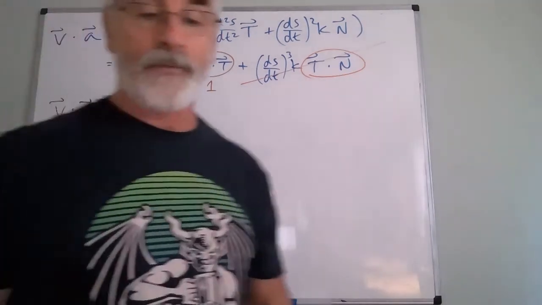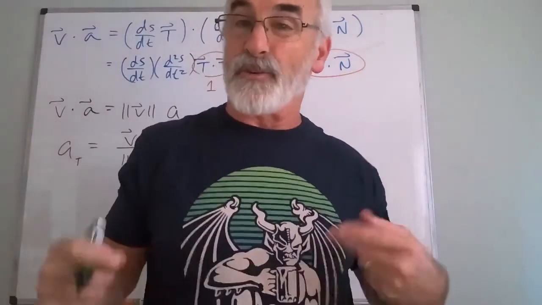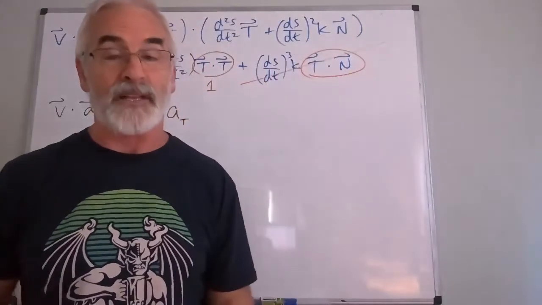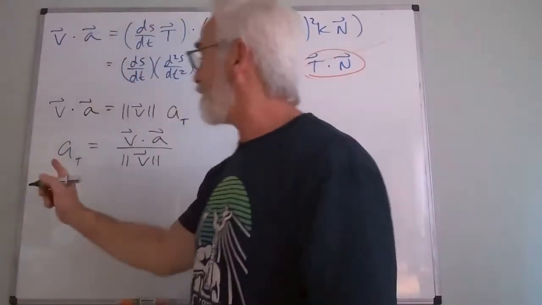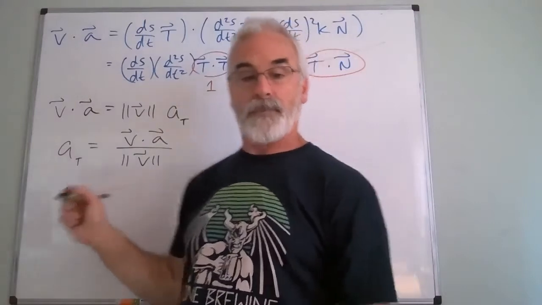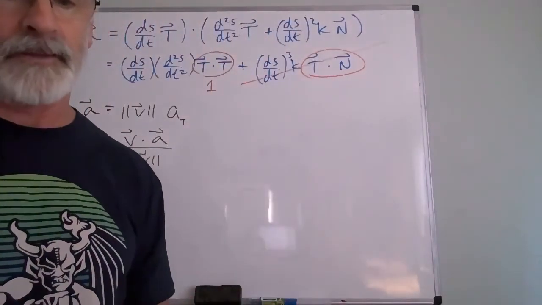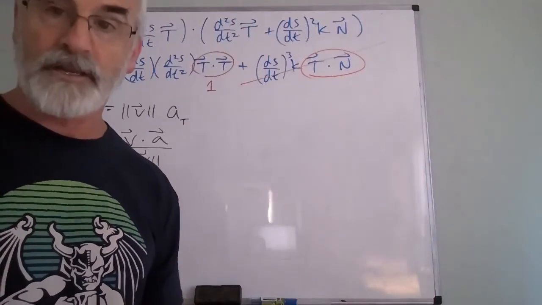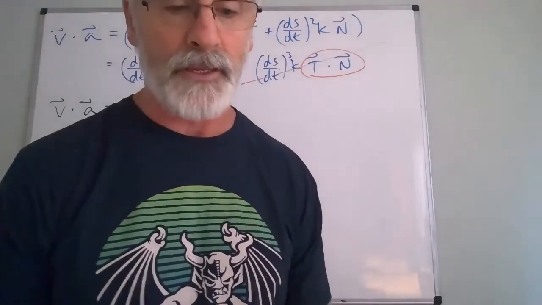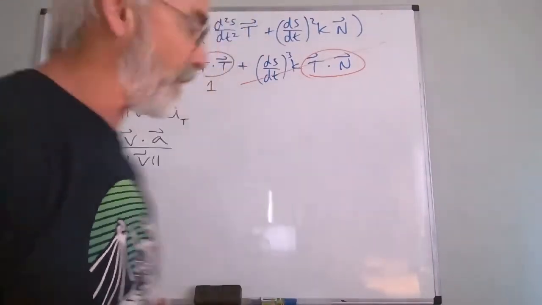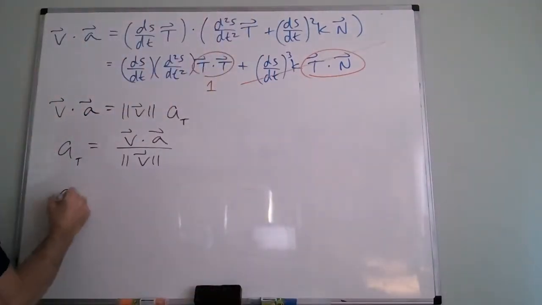So it turns out, if you do not feel like taking the derivative of ds/dt, because maybe that's not an easy thing, maybe that's complicated, I can also find the tangential component this way. So we have a way of finding the normal component involving the cross product, and we now have a way of finding the tangential component involving dot product. So let me put them side by side.